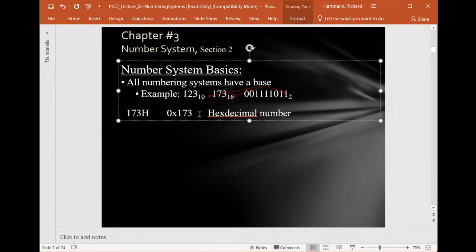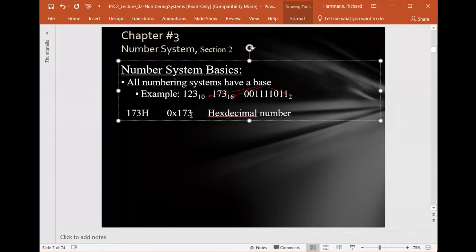So when you see hexadecimal, a lot of times you will see either an H after it, or a leading 0 and then an X in front of it. Either one indicates a hexadecimal number as opposed to an ordinary decimal number.